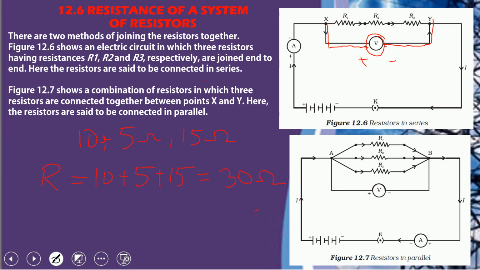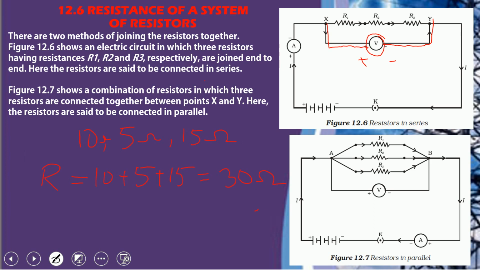Look, the resultant resistance is greater than the individual resistances. That is the series combination.